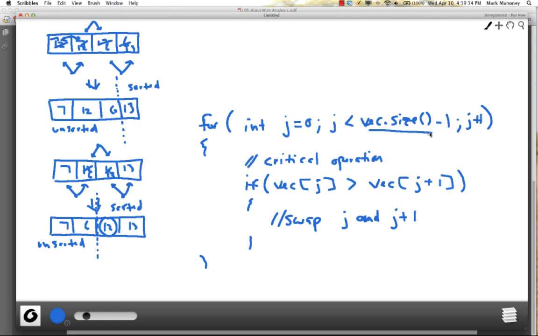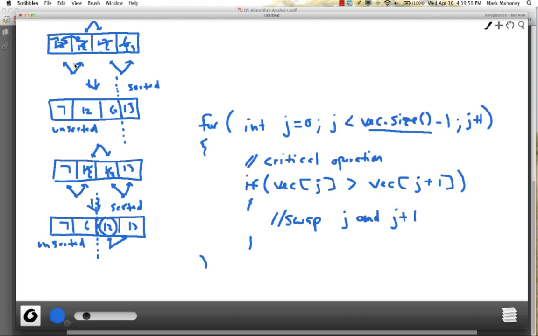Notice here I went to not the size, but the size minus 1. That's because I say j plus 1, and stopping at vec.size minus 1 makes sure that when j gets here, j plus 1 is right here, and we don't go beyond the bounds of the vector.